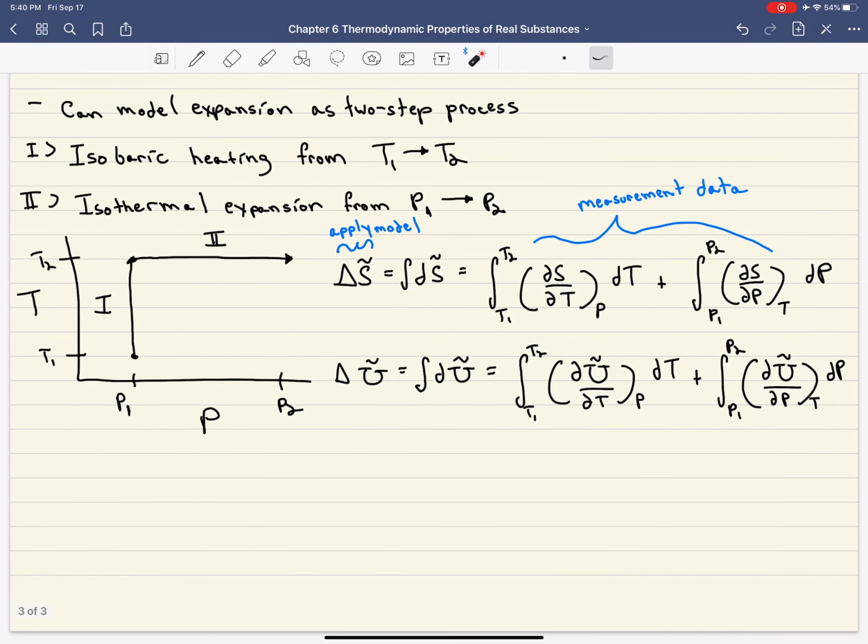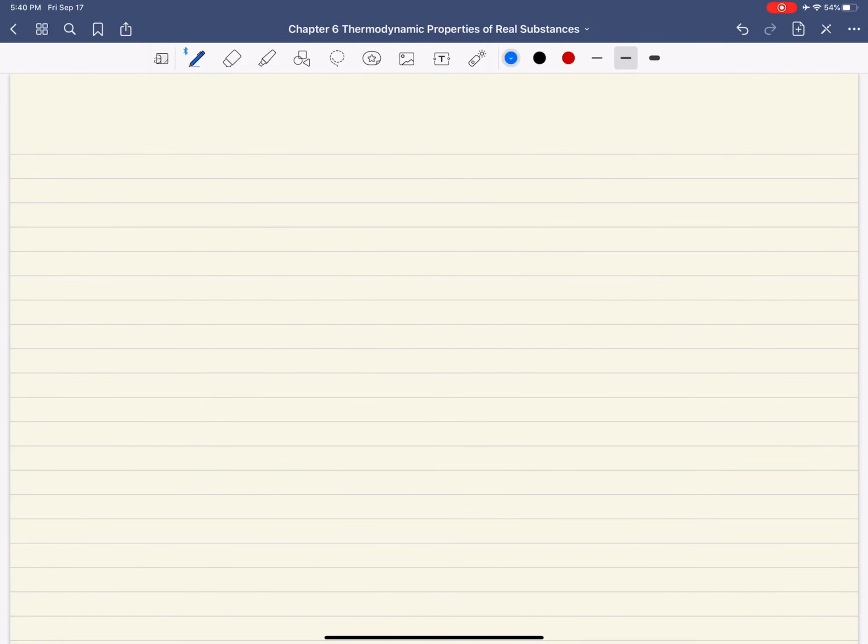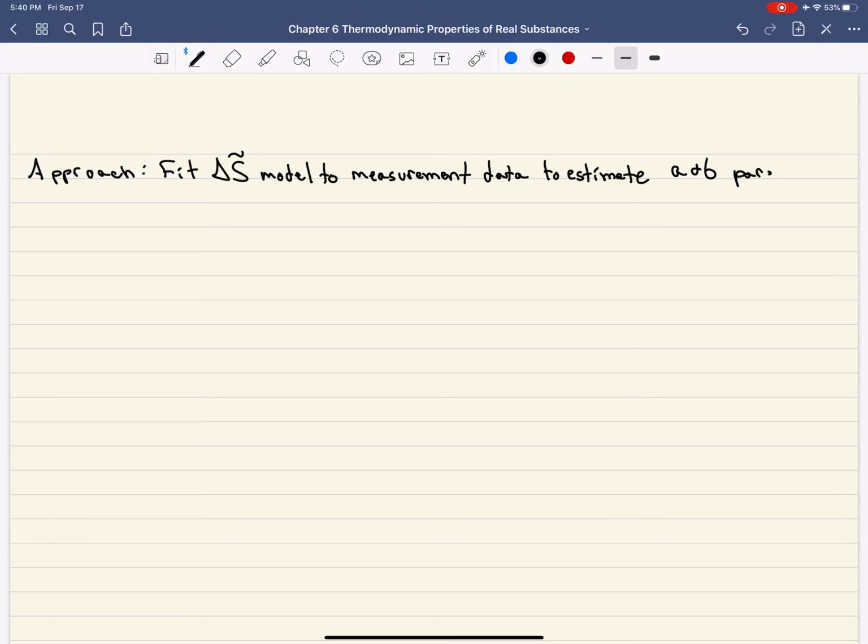Okay? So our approach is that we're going to fit delta S model to measurement data so that we could estimate A and B parameters of this van der Waals gas.